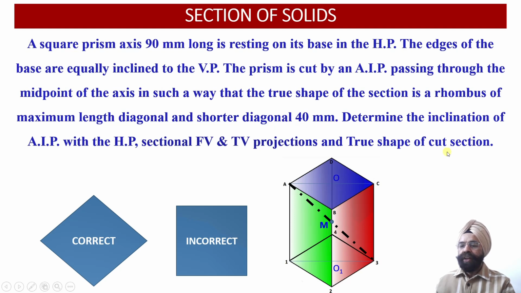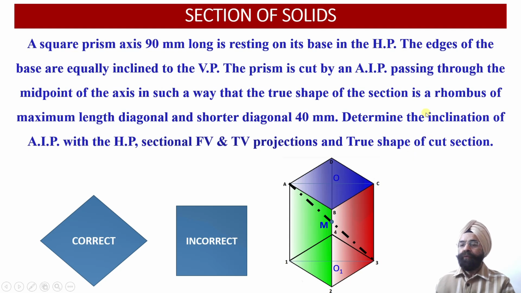So this shorter diagonal, which will be perpendicular to the major diagonal of the rhombus, will measure 40 millimeter. And how are these 2 points of the minor diagonal obtained? It is this distance, that is the diagonal of the square prism, which will be projected as the minor diagonal into the true shape projections over here.